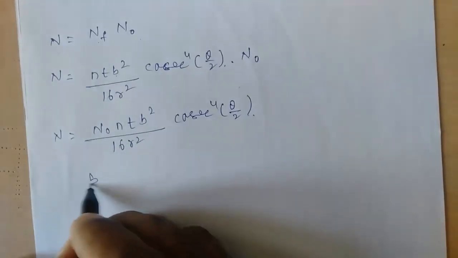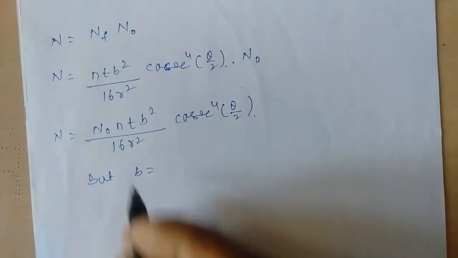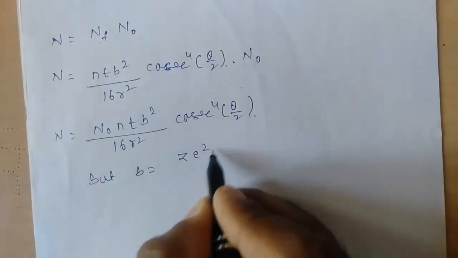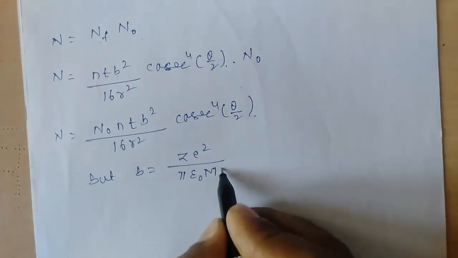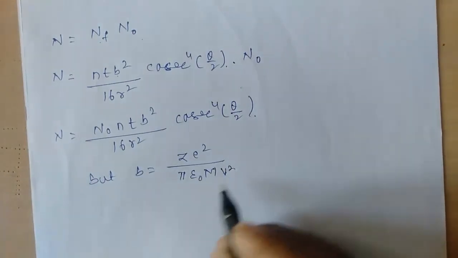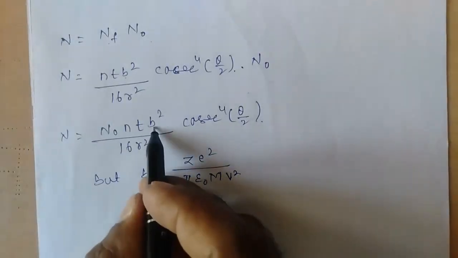But we know the value of b as z e square divided by pi epsilon naught m into v square. So this was the value of b. So substitute the value of b in this equation.